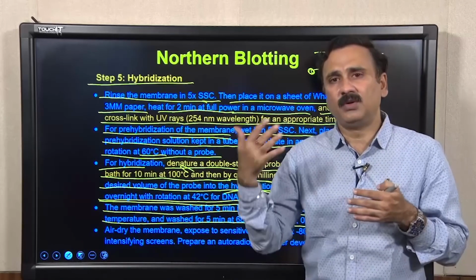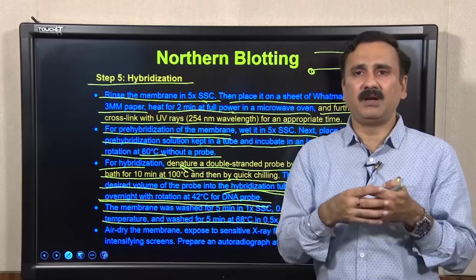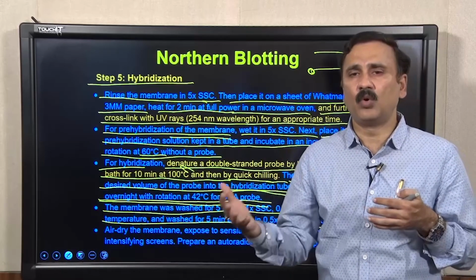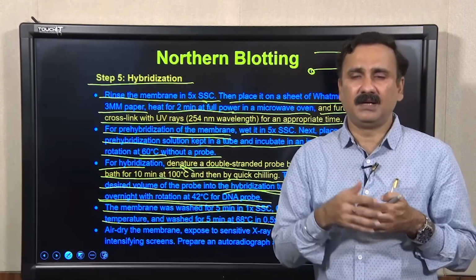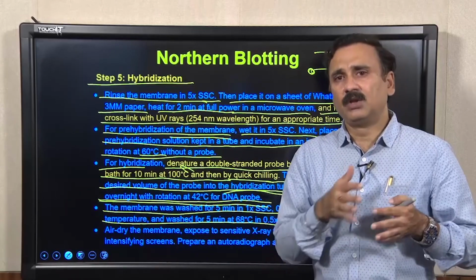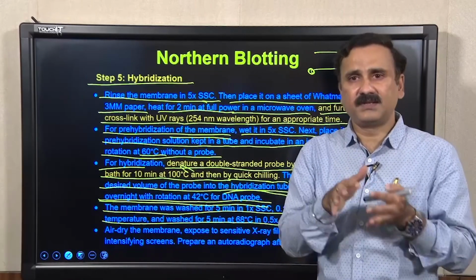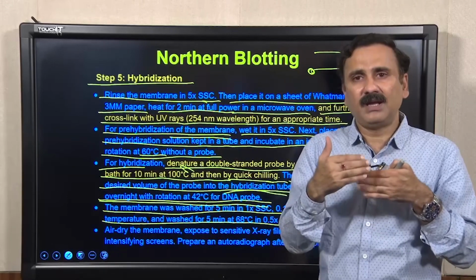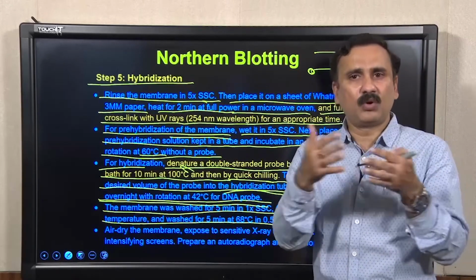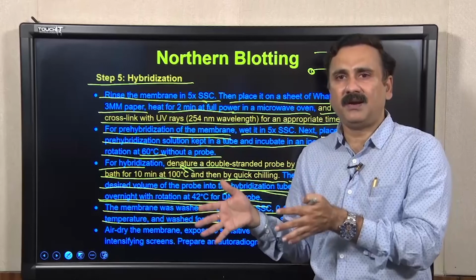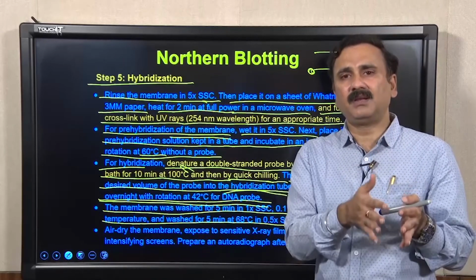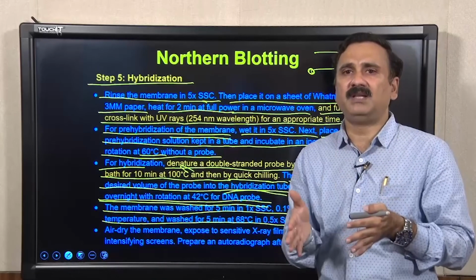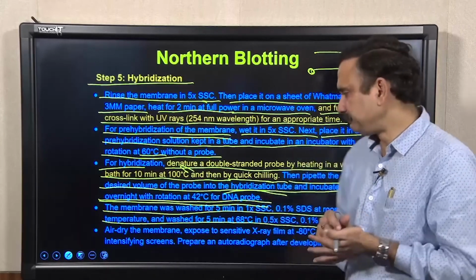You can also optimize the interaction time, like how long you should incubate the probe with your northern blot, the nitrocellulose membrane. All these parameters are just guidelines, but as per the protocol alone you cannot get the desired results. For getting desirable results, you have to optimize all these parameters.